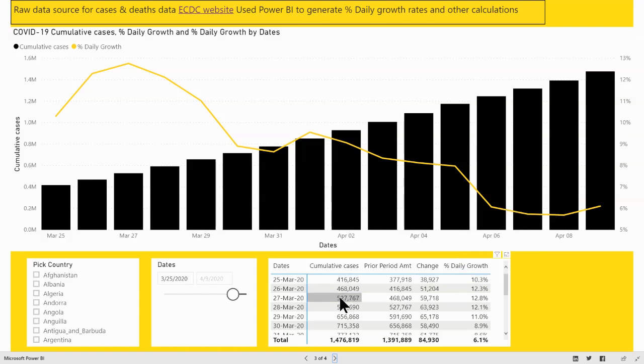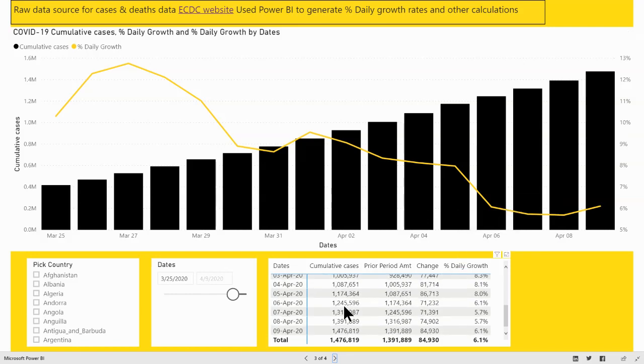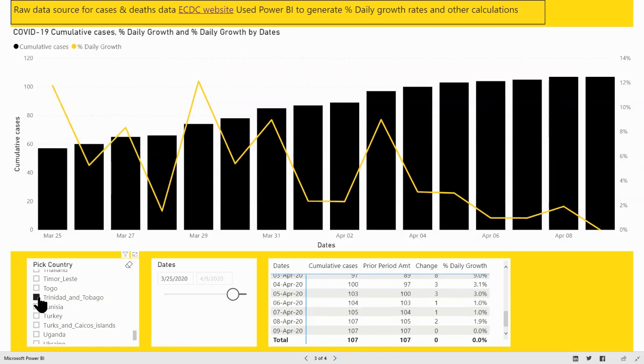And what I did was a table to show you the cumulative cases, what the cases were the day before, what the change amount is, and the percentage change. And you could use this to look at any territory as well. So for example, if we take our local case like Trinidad and Tobago, we could click here and now we see what the trend is.